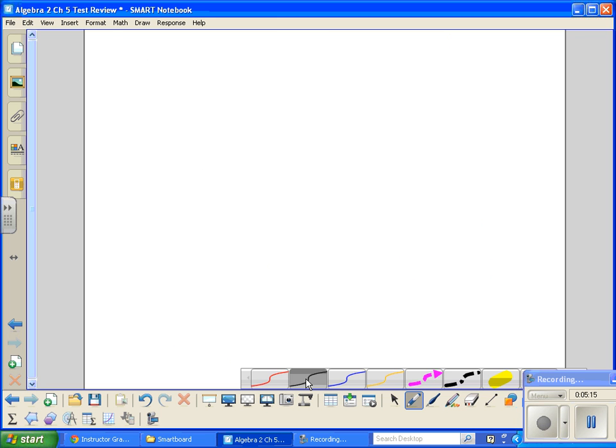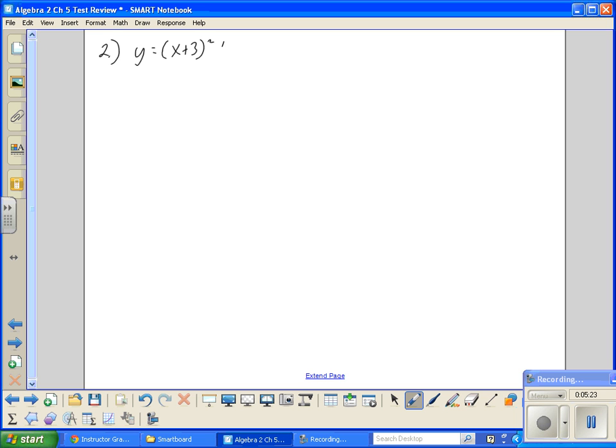And the next one, another graphing, y equals x plus 3 squared plus 1, which when we look at this, this is in vertex form, which remember vertex form is y equals a times x minus h squared plus k, and the vertex in that format is the point h, k.